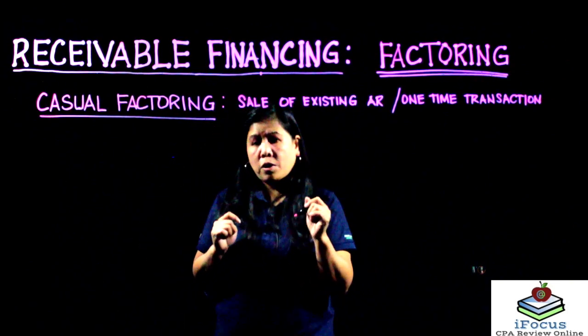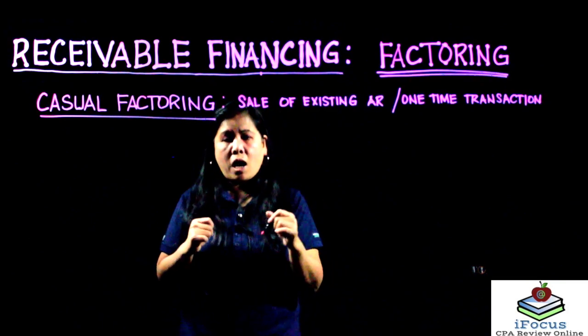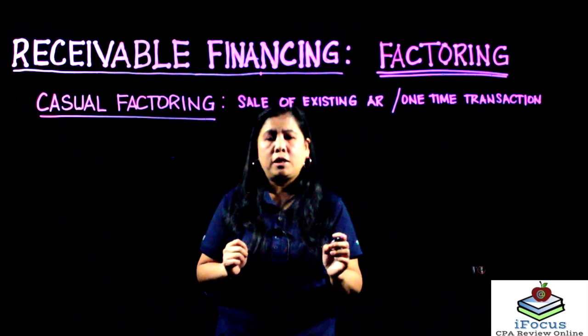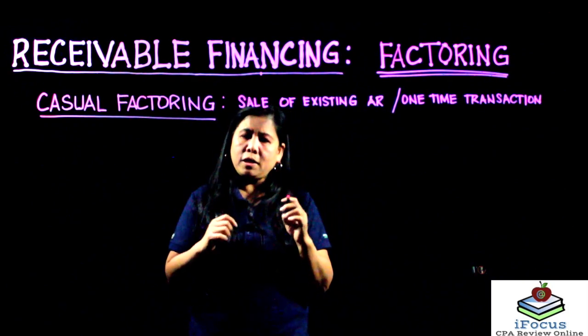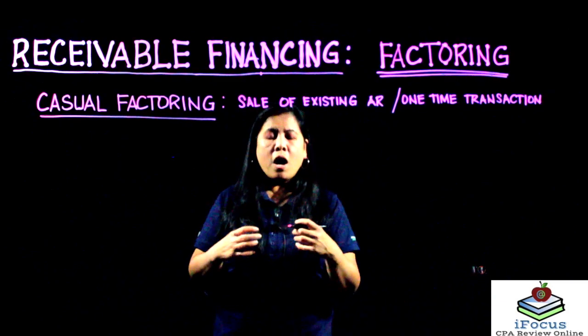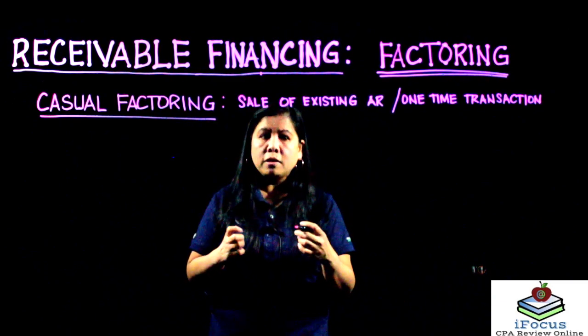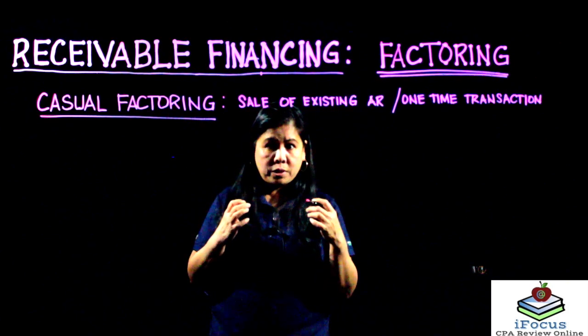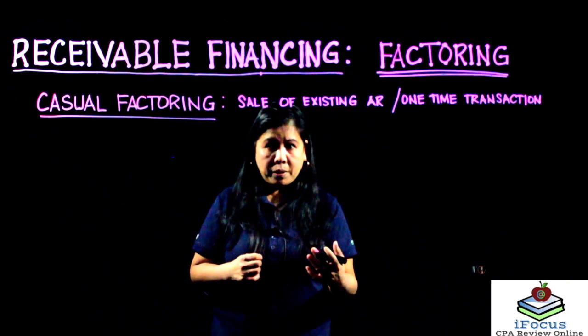The very first thing that we have to do when the company sells our accounts receivable is to determine what is the carrying amount of this accounts receivable. So, ano ang una mong gagawin? Titignan mo kung magkano ang carrying amount ng accounts receivable na binibenta ng company sa factor.